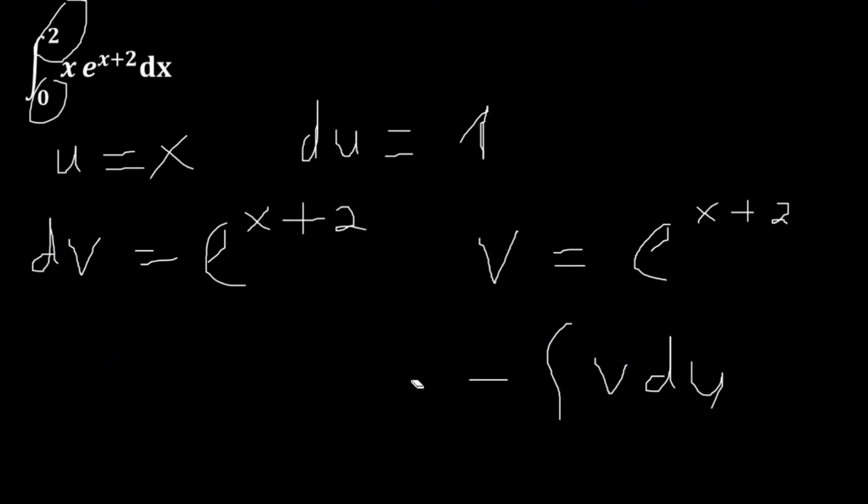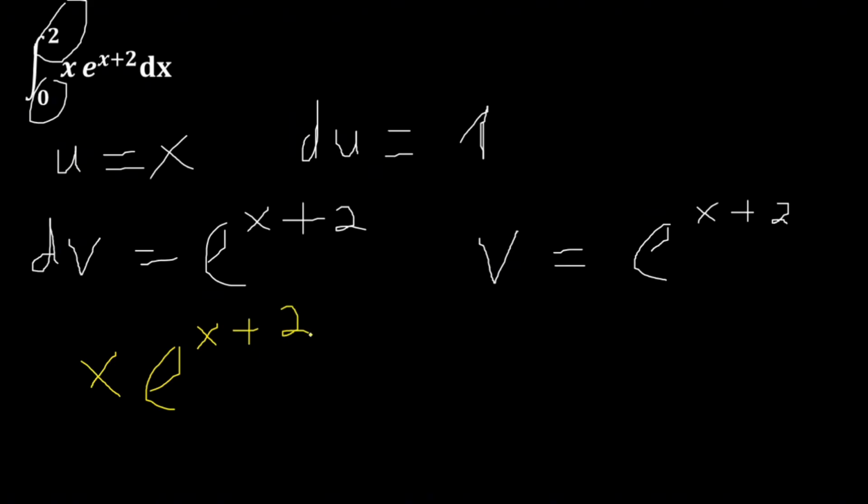Substituting it back. What's our u? The equation will be what? What's u? U is x. That is x e to the x plus 2, minus the integral from a to b of v du.